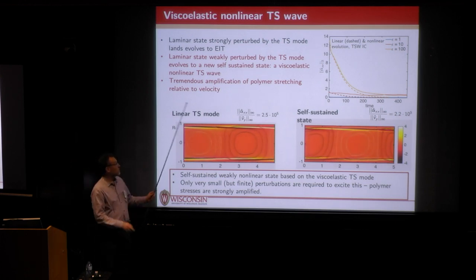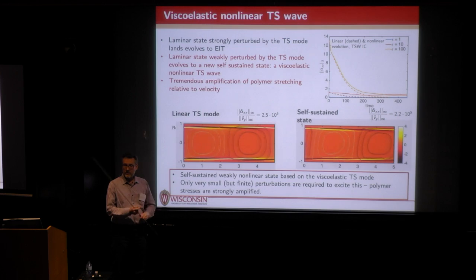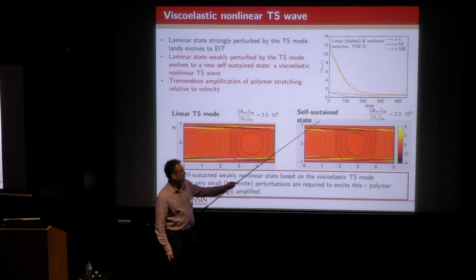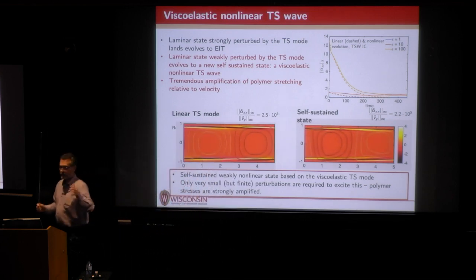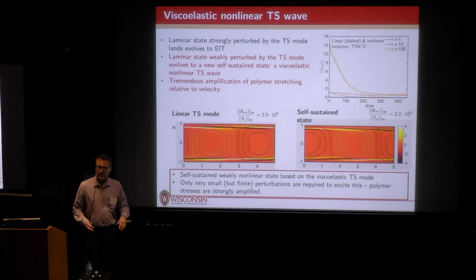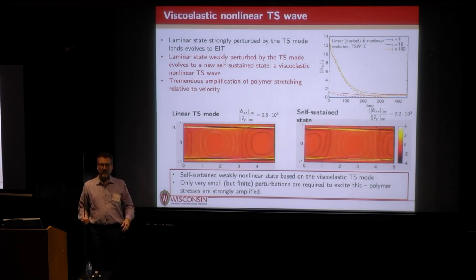So this linear mechanism is generating enormous polymer stretching for a very tiny velocity field. And we find quantitatively similar results for this self-sustained, we call it a viscoelastic nonlinear Tollmien-Schlichting attractor. We call it the attractor rather than wave because it's not always a pure traveling wave.